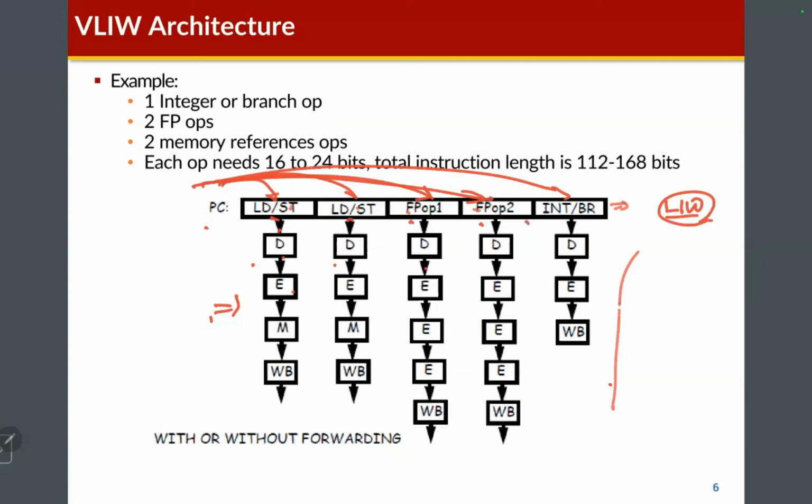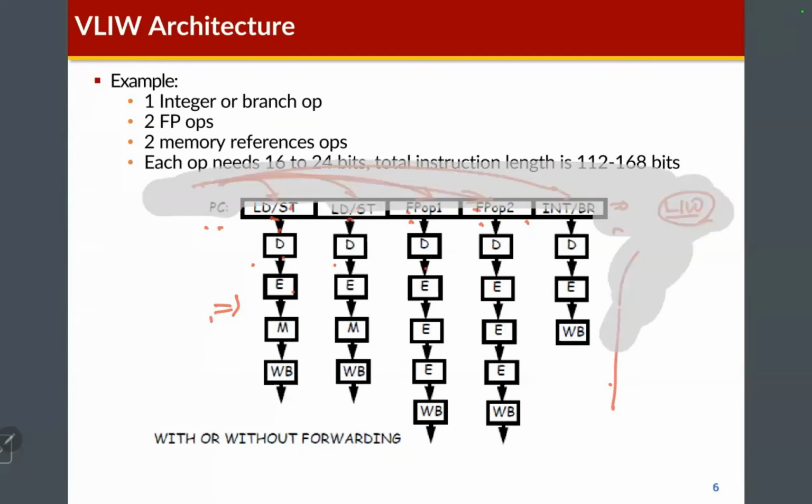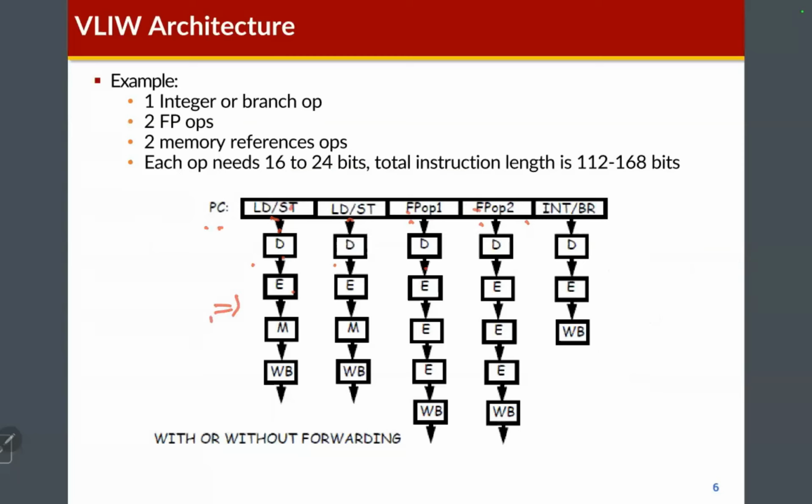So how do you fetch this large instruction? In this example, the hardware has 5 slots. When we learned about the RISC architecture, we assumed that the size of a single instruction is about 32 bits. If the same size is applied to this VLIW, it's 32 multiplied by 5, about 160 bits.